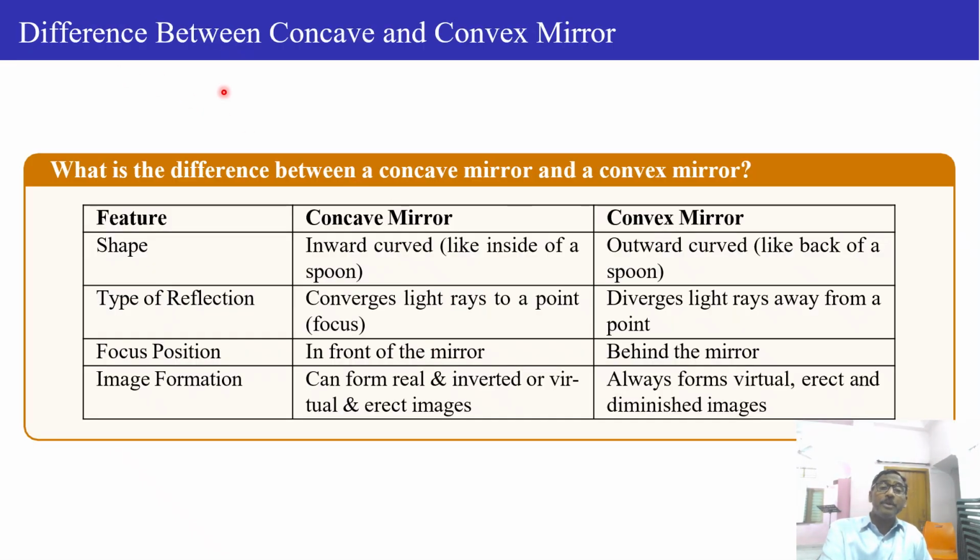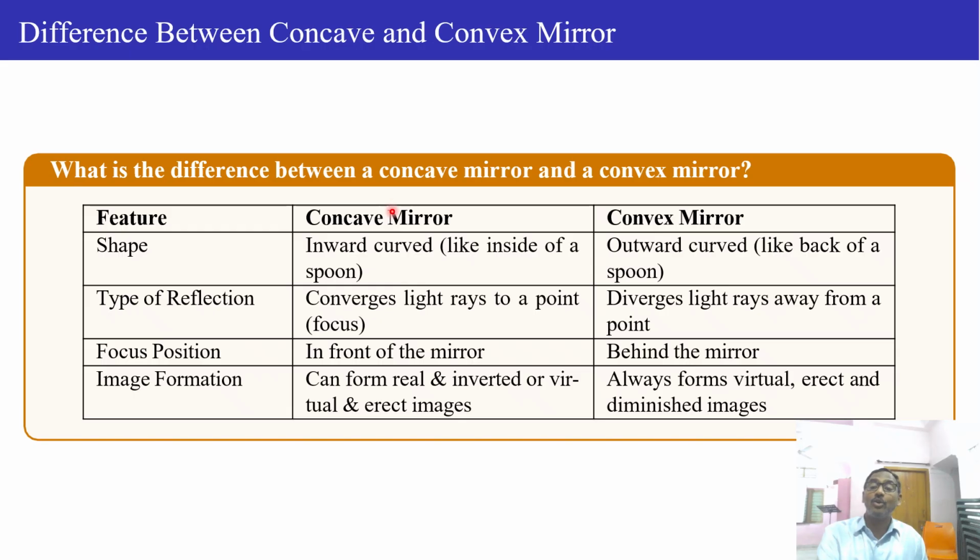So what is the difference between a concave mirror and a convex mirror? Here are the differences I gave. Coming to shape, a concave mirror has an inward curved surface, like the inside of a spoon.